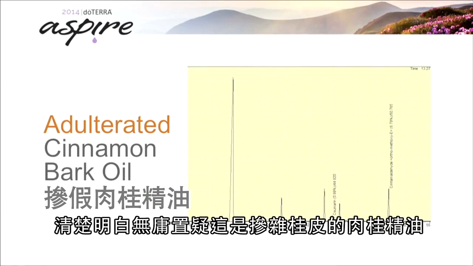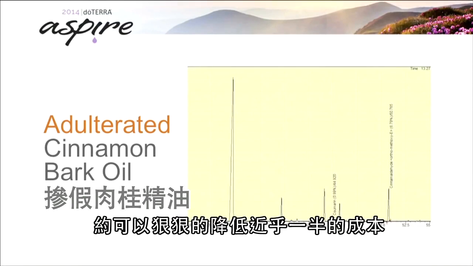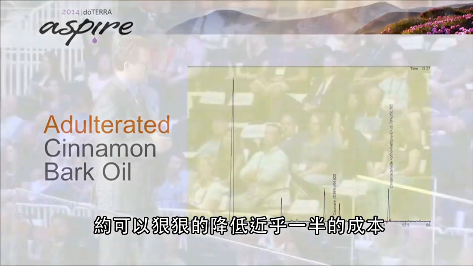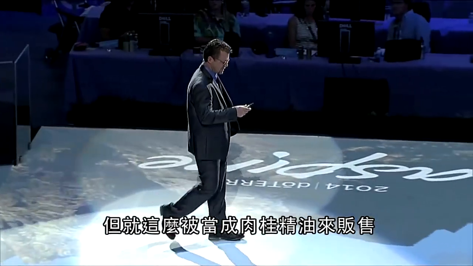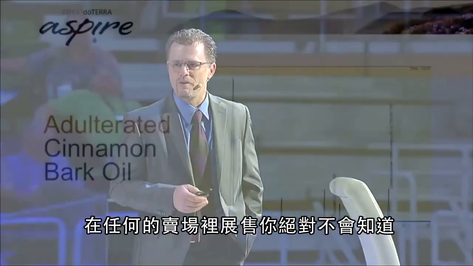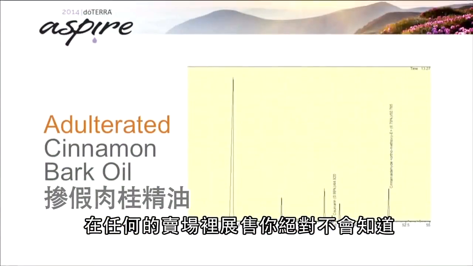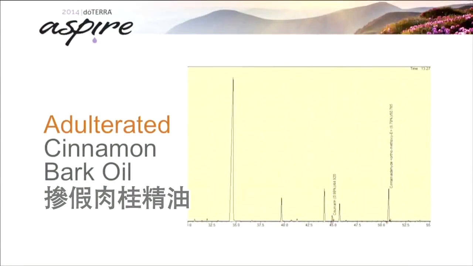Clear, unquestionable adulteration of cassia into the cinnamon bark at probably close to 50%. Driving the cost of that oil dramatically down and being passed off as pure cinnamon bark oil. You're not going to learn this in any kind of trade show anywhere.